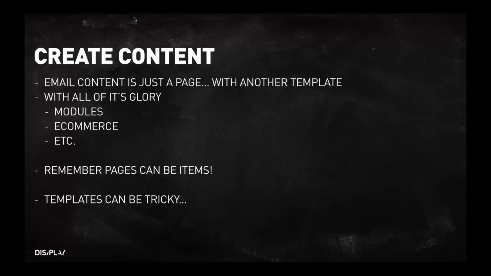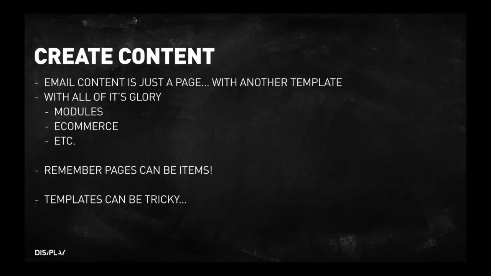Now we get to the point of creating content. And inside Dynamicweb, which is really great for editors, you don't need to know how to create content for pages and for emails. You just create a page that you will send out as an email.